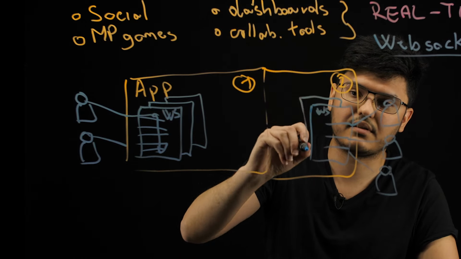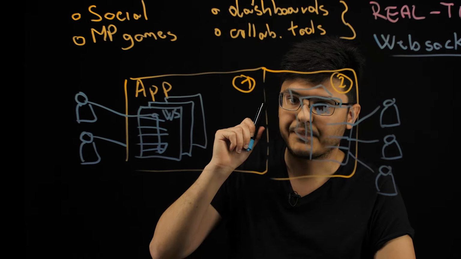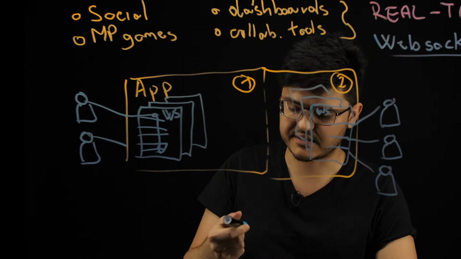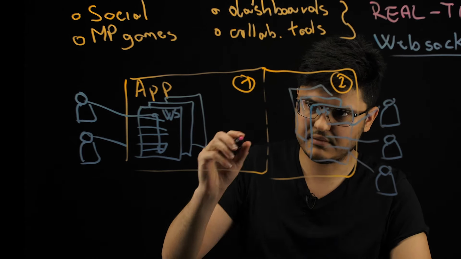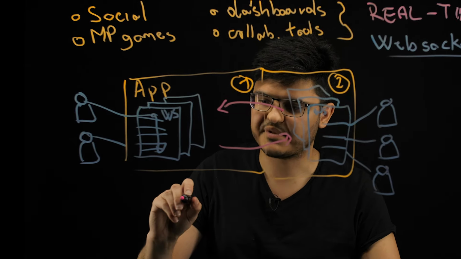And maybe here you have also multiple lists. Now here's the problem. You need events that happen in one instance to be propagated to all other instances, right? So you need something like this. You need to allow them to be in sync. And this is where Redis Pub/Sub comes in.